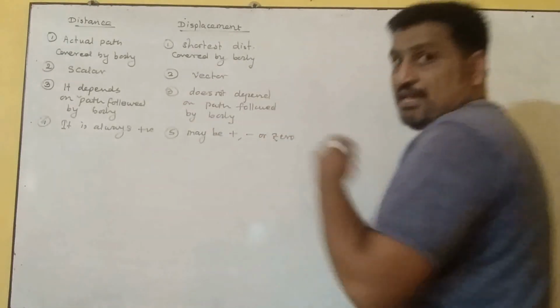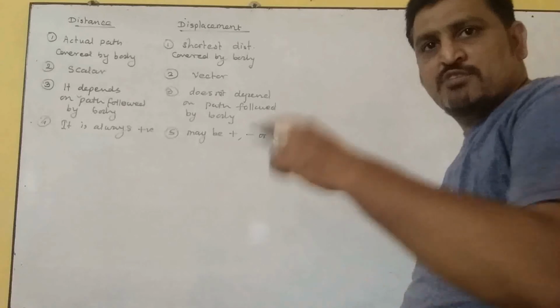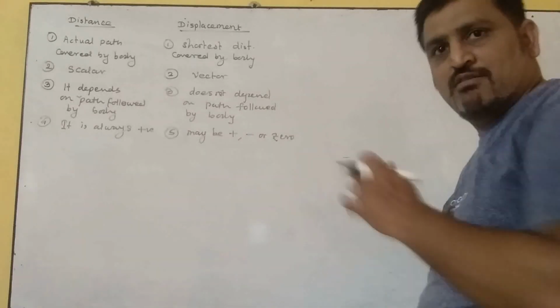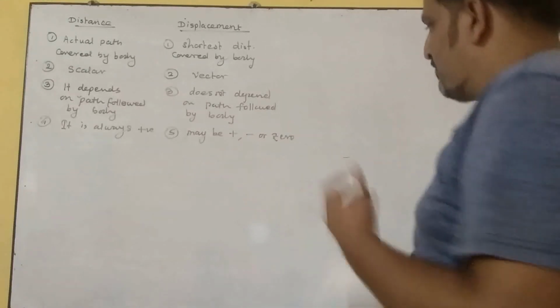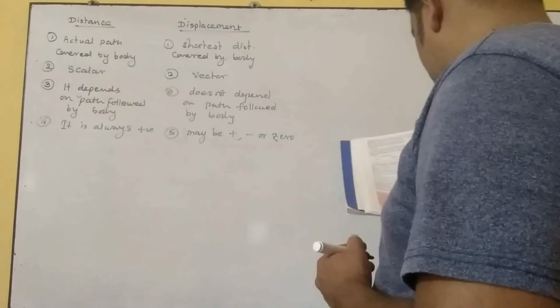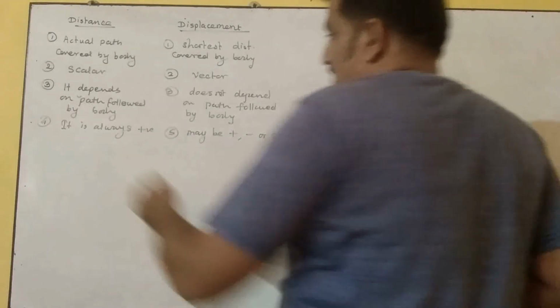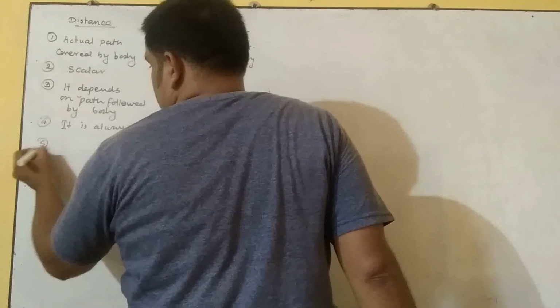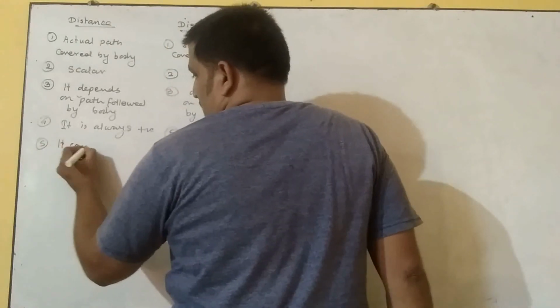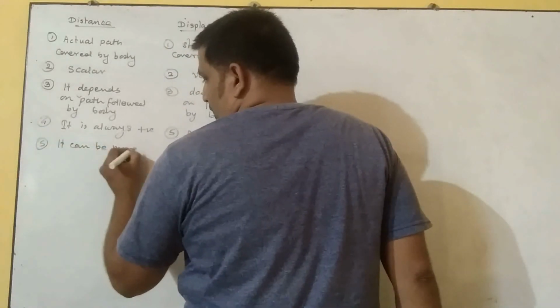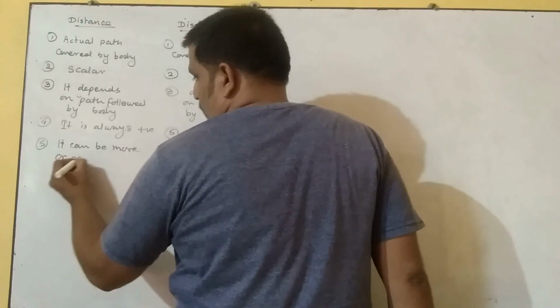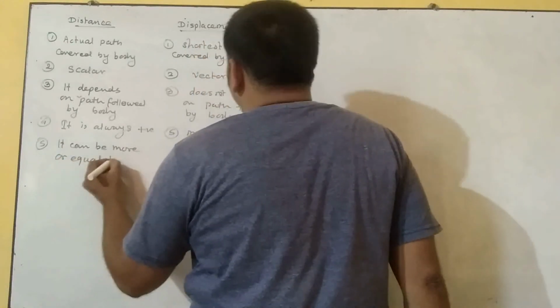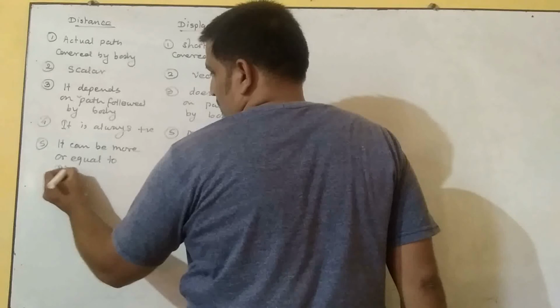As I gave an example, if the body is moving in a circular path, then it reaches its original point and we can say the displacement is zero. Distance can be more than or equal to displacement.